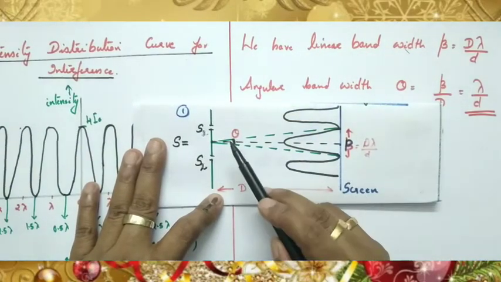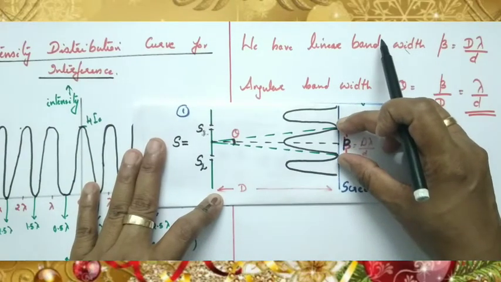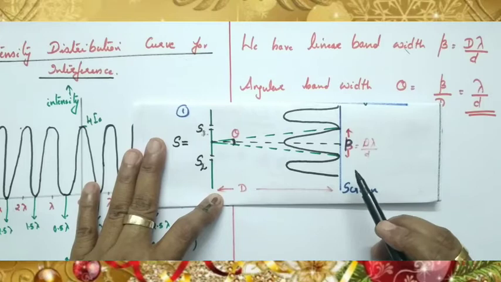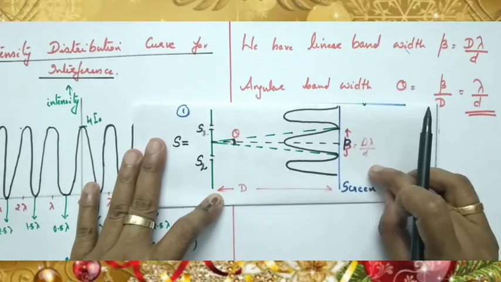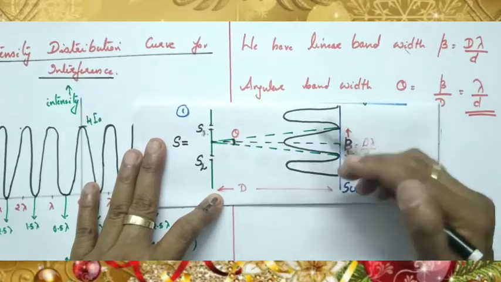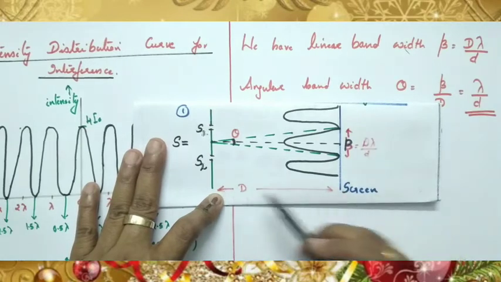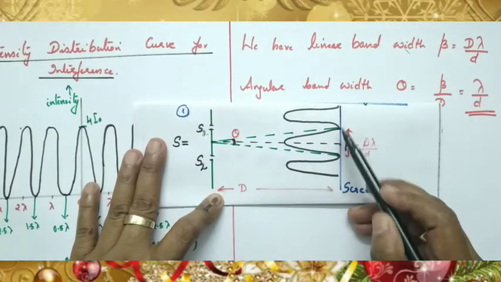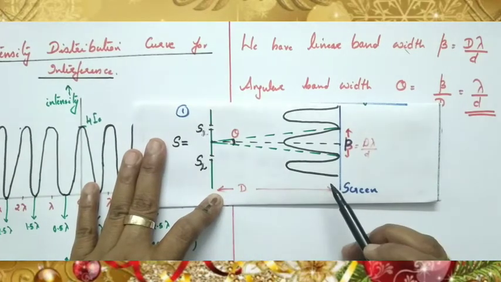Clear, children? Here we can write this as the bandwidth. Bandwidth beta equals d lambda by D. So linear bandwidth is beta. This distance is beta equals d lambda by D, and it subtends an angle at the center. So theta is equal to an arc divided by radius, so theta equals beta divided by D. D represents the distance between the coherent sources and the screen.